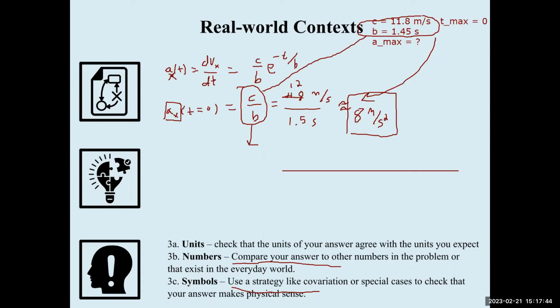So a bigger b might give me a smaller acceleration. And that is, in fact, what happens in this equation. b is in the denominator, so a bigger b ends up giving me a smaller acceleration. And that's using our covariational reasoning sense-making strategy. There might be other strategies that you want to try, but I think that's a good set for this particular problem.